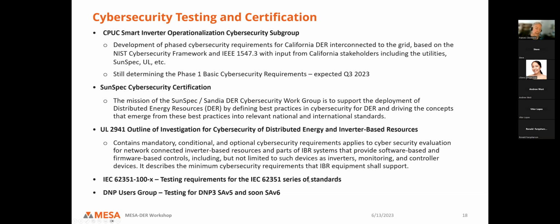So it's really important to recognize that there is now testing for those requirements. And the DNP Users Group has testing beginning to be set up for DNP SAv5 and soon SAv6, as soon as that's finalized.